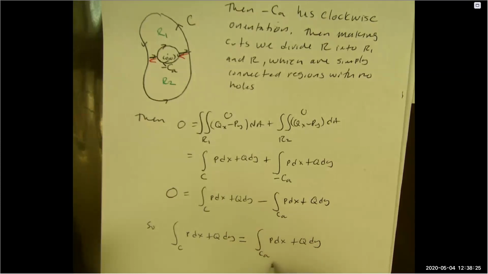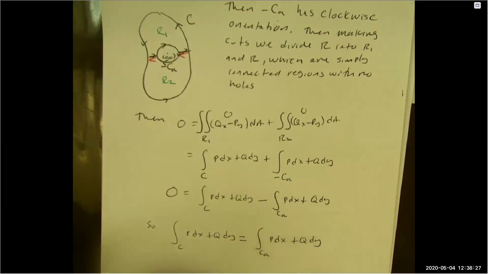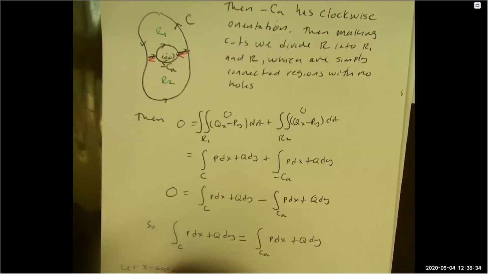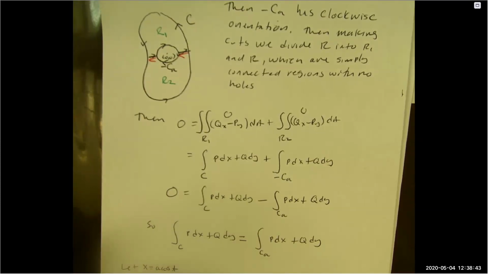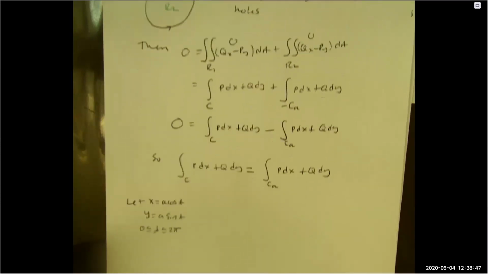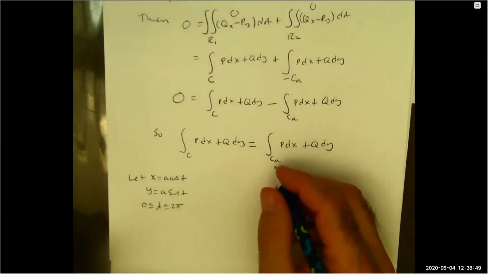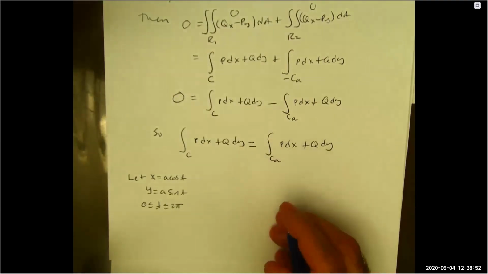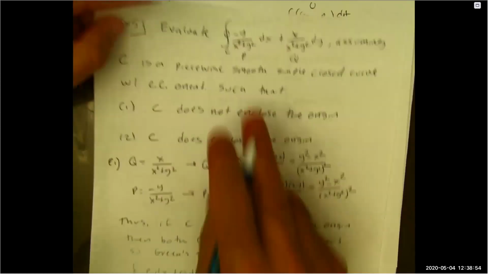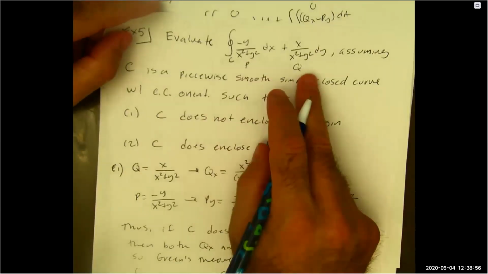And so what we can do is we can let x equal a cosine t, y equals a sine t, and then 0 is less than or equal to t is less than or equal to 2 pi. And remember that your P is this guy and your Q is that guy.